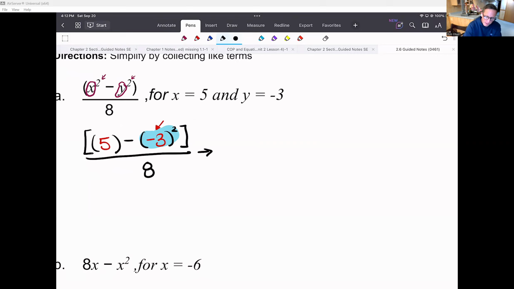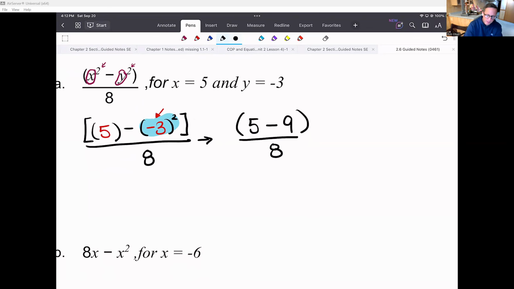So I'm going to rewrite it. Now we've got 5 minus 9, all over 8. Now notice this minus stuck around; that minus is still there.